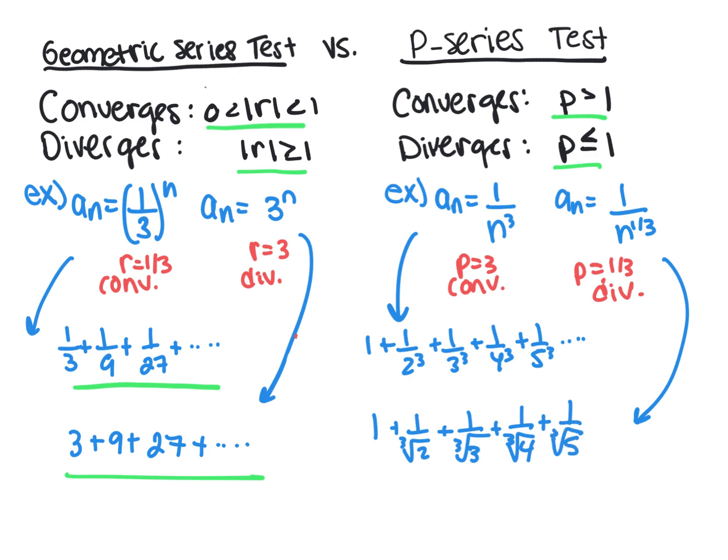Now here, both of these sequences are approaching 0, right? The fractions here are getting closer and closer to 0, and the fractions here are getting closer and closer to 0. So one might think they both converge.